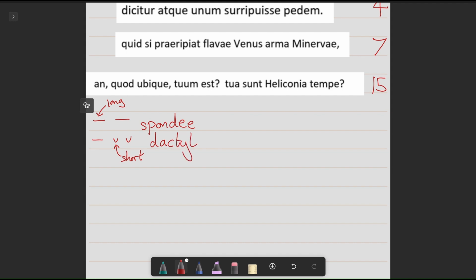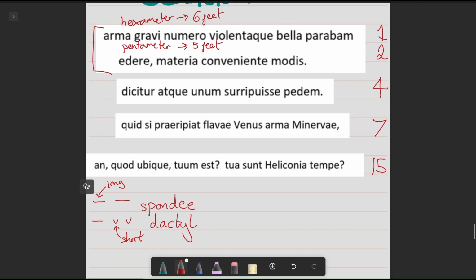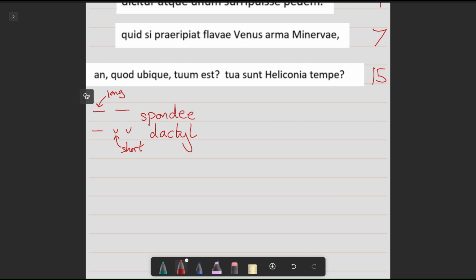Now you're probably thinking, well, how do I know whether a vowel is long or short, because it's always vowels that you put these on. These are the parts that you'd put the long or short syllables on. How do I know which is which? Luckily for you, there are ways that we can tell.